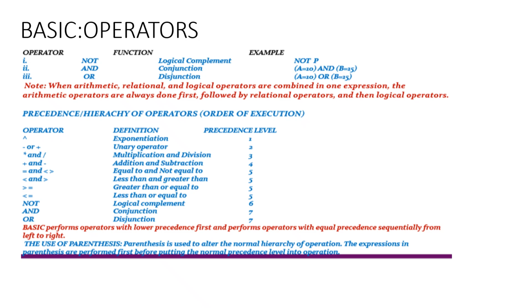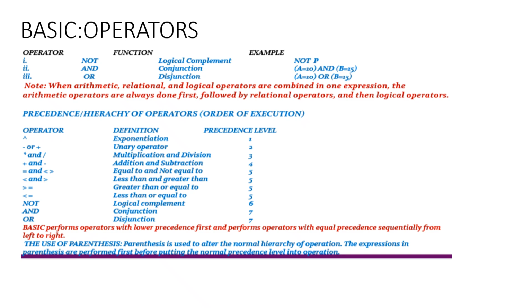The logical operators we have are basically 3: the not, the and, and the or. The not means complement, the and means conjunction, and the or is disjunction.